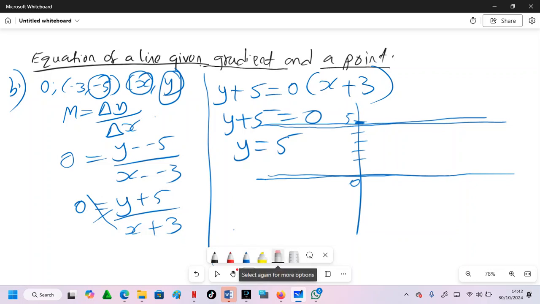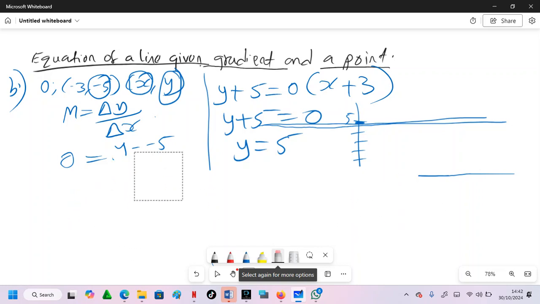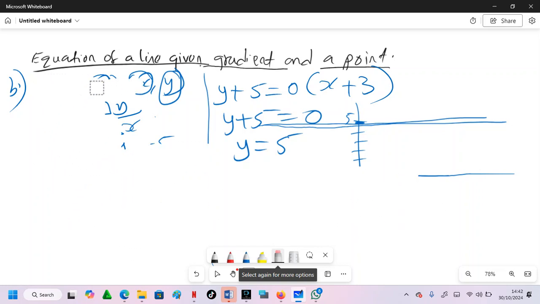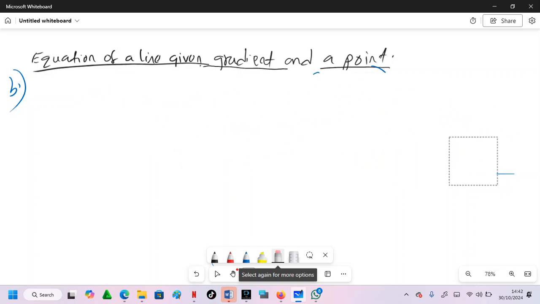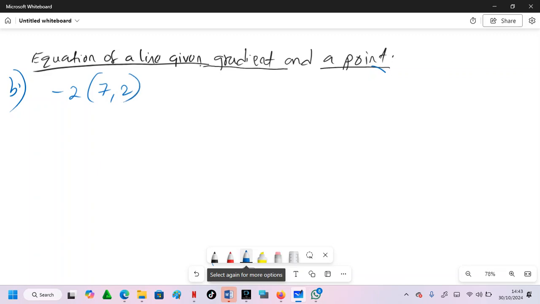Okay, so let us look at another example, the last one, where you're given the gradient and one point. Let's say you're given the gradient as negative 2, and (7, 2) is the point. We're going to do the same thing.